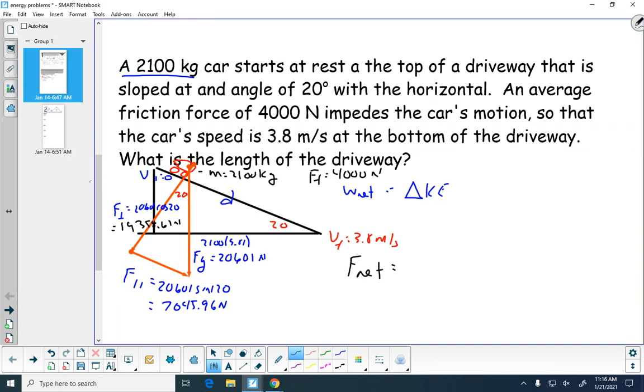Find your net force, which is the sum of the forces. Your sum of the forces in the direction that we're moving, which is down the inclined plane. I have my parallel force here. I have my force of friction, which is given to us as 4,000 newtons. So what is our net force?